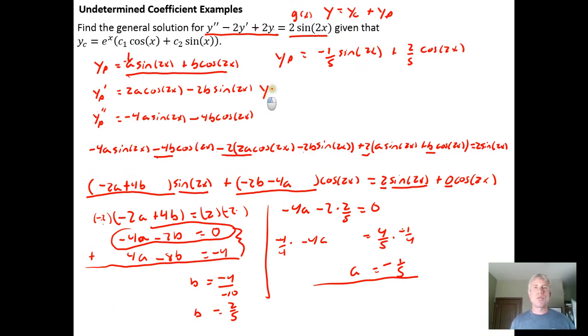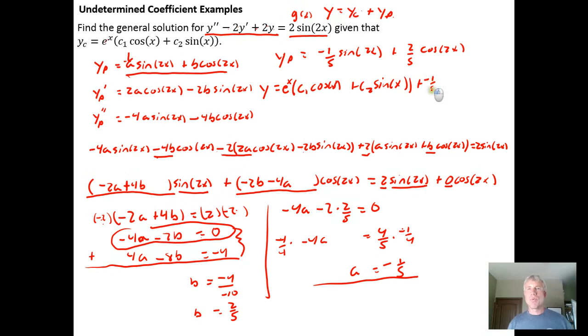So our solution is going to be y complementary plus y particular. So we take the complementary solution, e to the x times c sub 1 cosine of x plus c sub 2 sine of x, plus, and then we add on the particular solution.